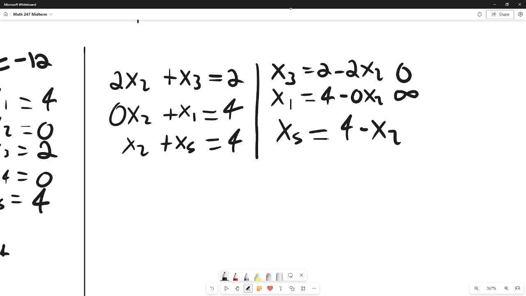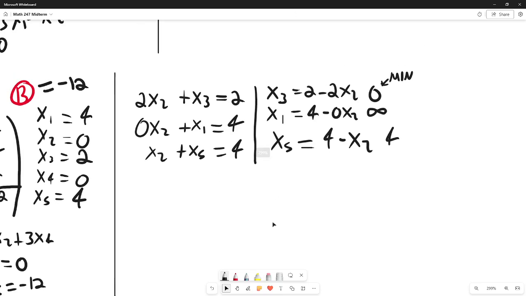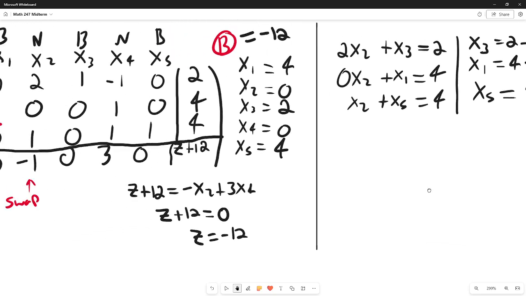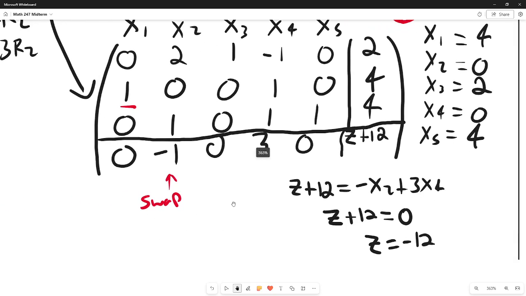So x1 will never go negative. And then for x5, the highest value that x2 can go is 4. So x3 is the min, or the one containing the min. So we're going to be swapping x2 with x3.